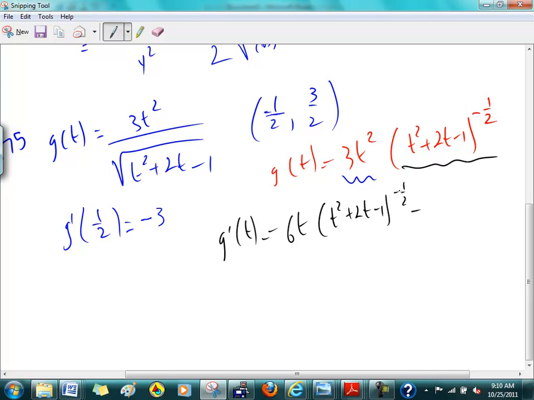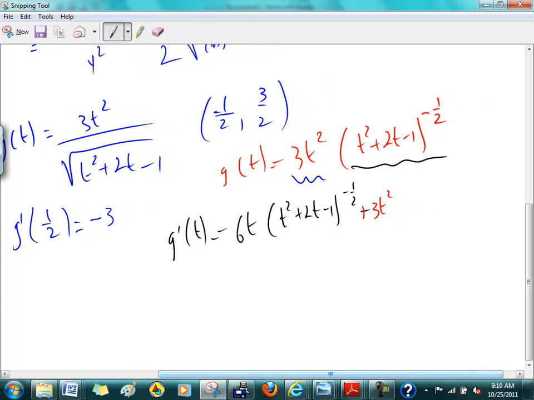And now we're going to leave 3t squared alone and differentiate this other guy. Anybody? Differentiate the stuff that's in the parentheses. It becomes 2t plus 2. No, wait a minute. You're going to use the chain rule now.